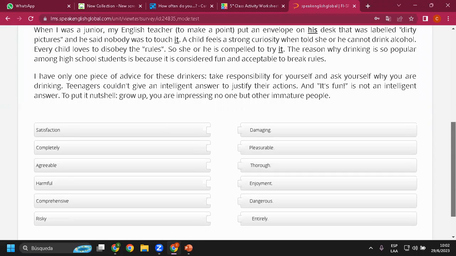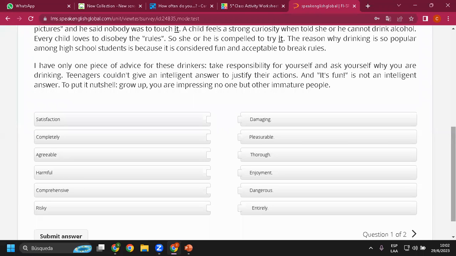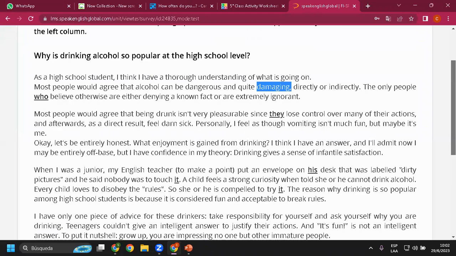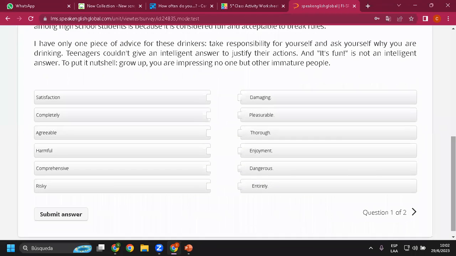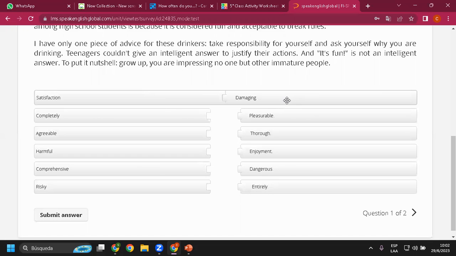In this case, what words do I have here? Damaging. What could be a word that means the same as damaging? Do you think that satisfaction has the same meaning as damaging?